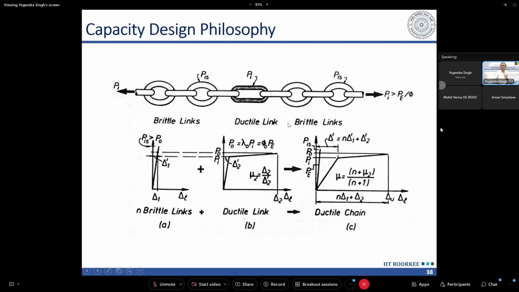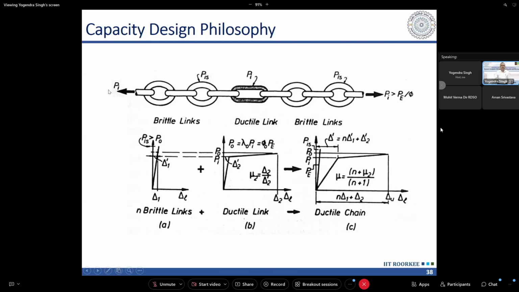The rest of the elements are non-ductile, so those cannot dissipate energy unless we provide special devices like dampers and base isolation devices. Those will also be ductile and can dissipate energy. But in normal bridges, when special devices are not used, only the piers are the ductile components, all others are non-ductile. So we can represent its behavior by a chain where different components are added in series.